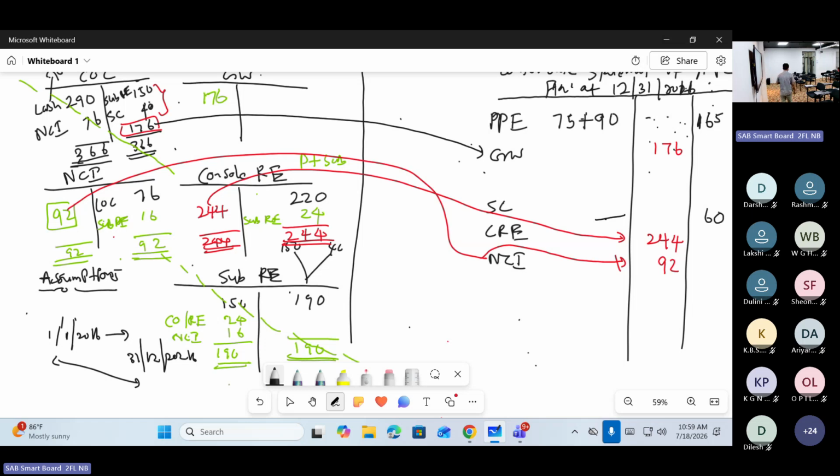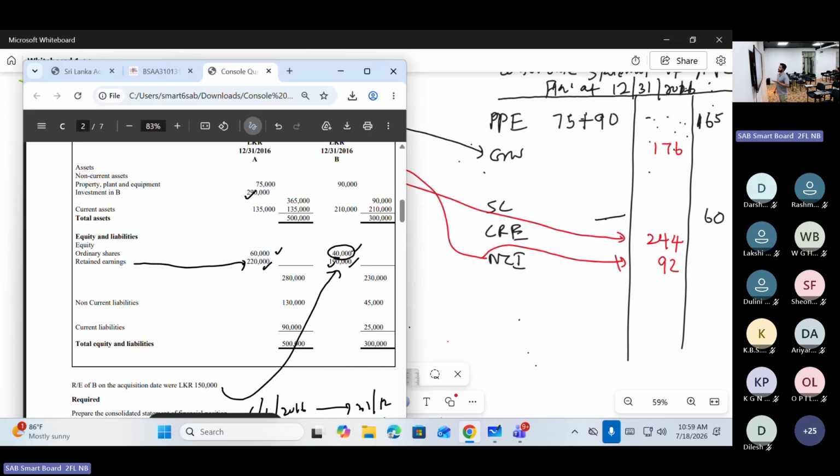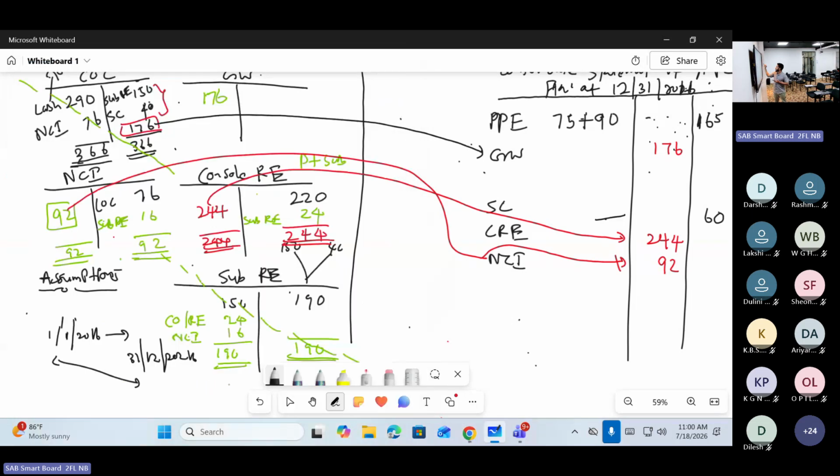PP&E 165, right? And then what else are you having? The investment we took, right? Now it's done. Current assets 135 plus 210.